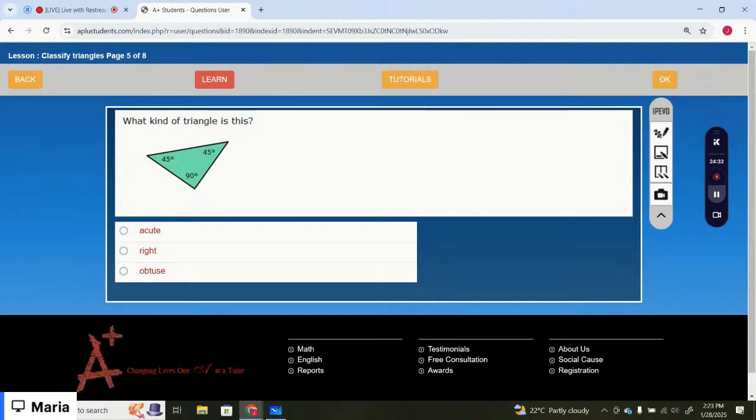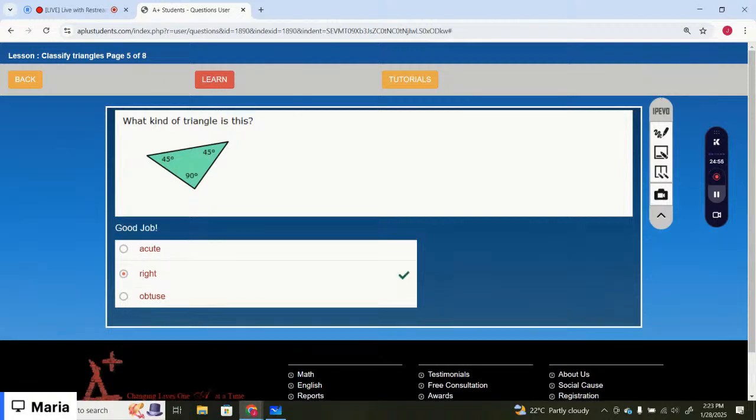What kind of triangle is this? That is right angle triangle. Option 2 is the correct option.